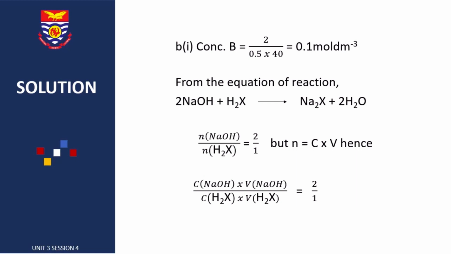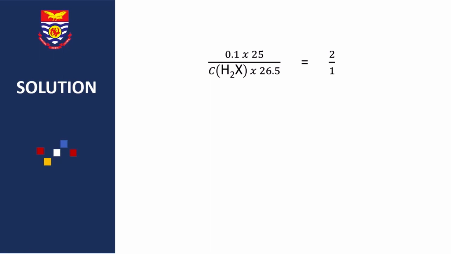Now, we have to look for values and put them here. We have the concentration of the base to be 0.1. That is what we calculated. And then, in the question, we're given the volume of the base, that is the pipette volume, which is 25, over the concentration of the acid, which is what we are looking for, times the volume of the acid, which is the average titer, or the volume that we used from the burette, which is 26.5, is equal to the mole ratio, which is 2:1.